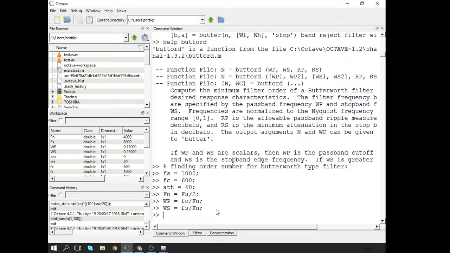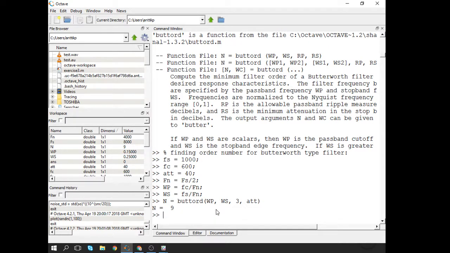Okay, so our N, which is the estimate for the order number, butter order, WP, WS, RP 3, and this RS is the same as the ATT. Okay, there we go. And this is a number, 9th order.